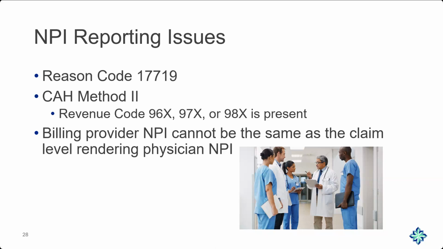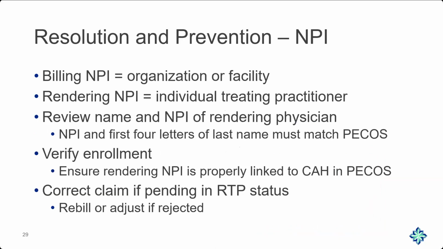Now, this isn't a reason code that we typically see in the quarter in the top 5, but we did this time. Now, this usually flags a mismatch or issue with the physician's NPI and their enrollment status in Medicare. The billing provider is the organization or facility, and the rendering physician is the individual treating practitioner.